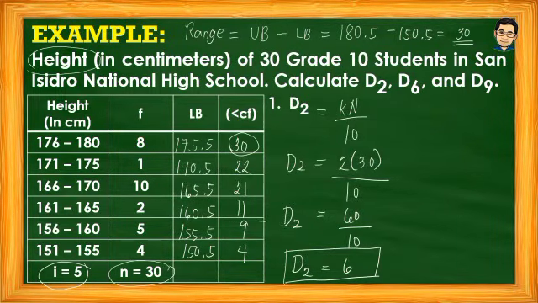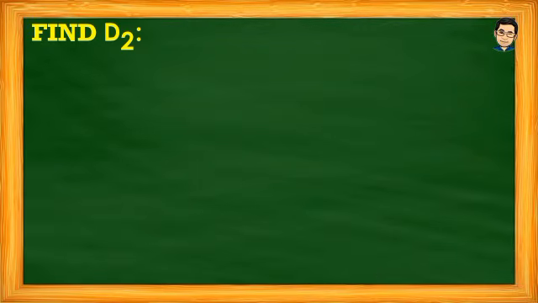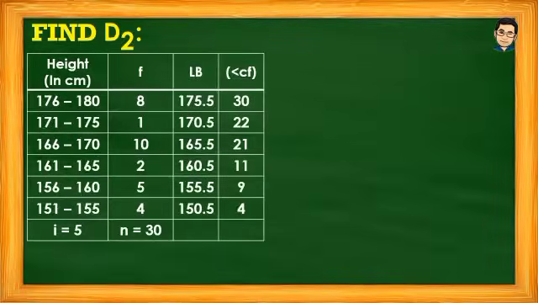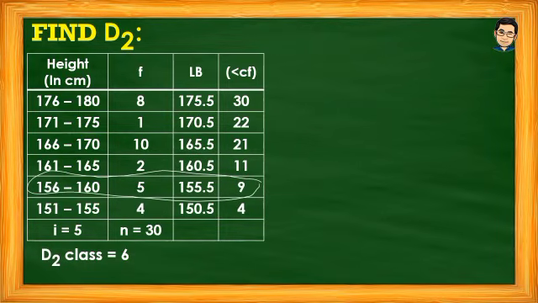So, ibig sabihin, dito po located yung ating D sub 2 class, which is yung 156 to 160 class.